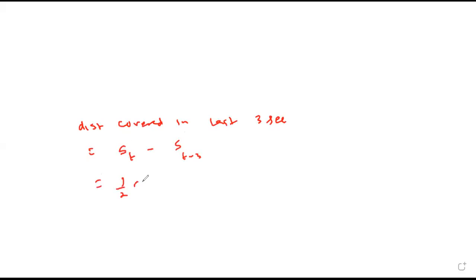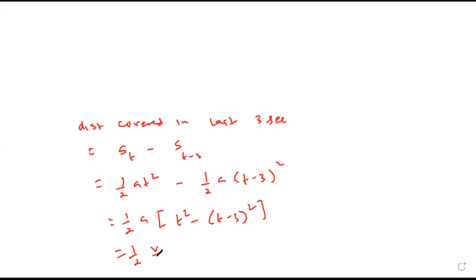So this is half a t square minus half a (t minus 3) square. Half a common, inside t square minus (t minus 3) the whole square. Half of v by t into t square minus t square plus 6t minus 9.